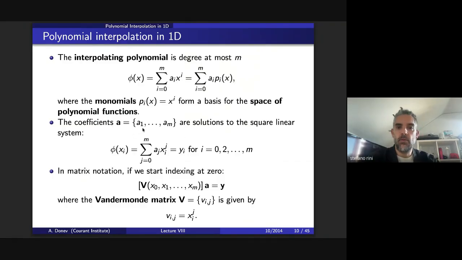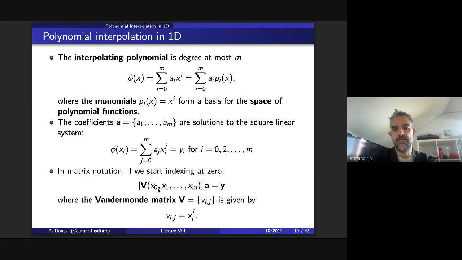The coefficients a1 to am will be the solution of the linear least squares, so that phi of xi is equal to the sum of aj times xi to the j, and then we can put this in a nice matrix form, as we did before.